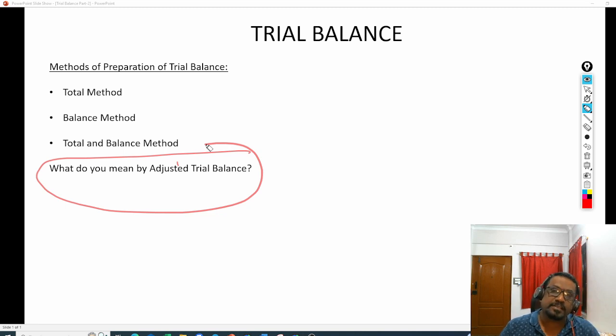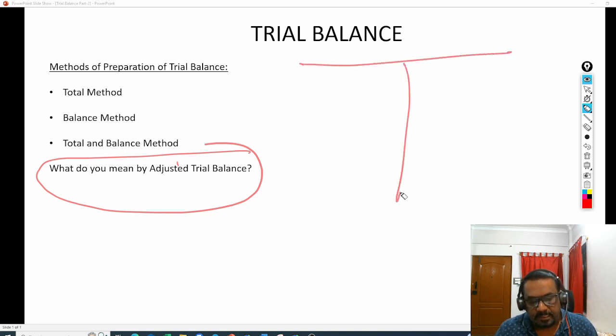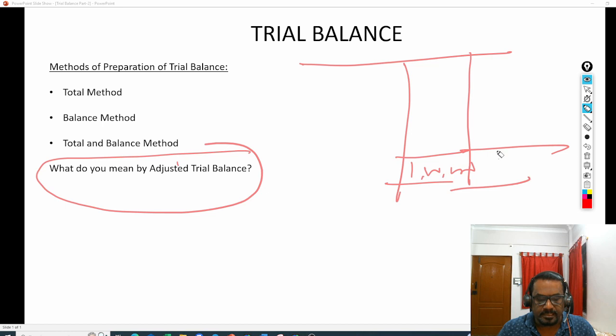Where is the question of adjusted trial balance? I'll tell you. Let us say I prepared a trial balance. Debit side total has come 1 lakh and credit side total has come 90,000. Is this trial balance established arithmetical accuracy?